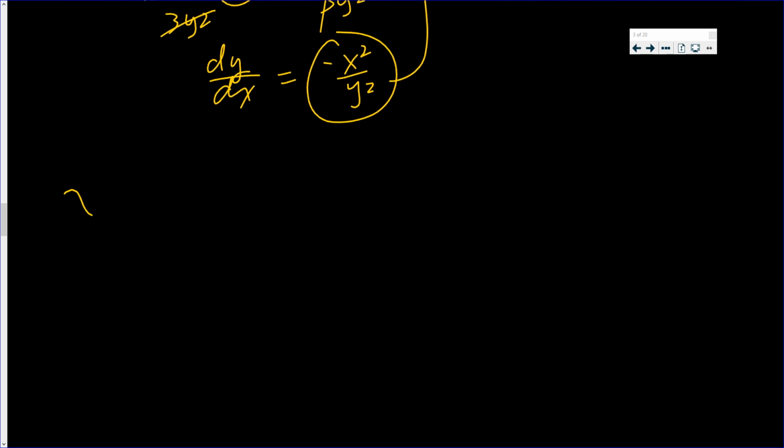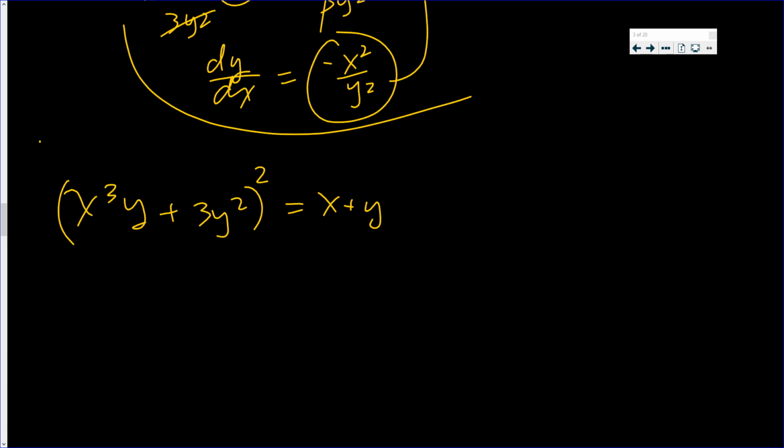Suppose you had (x cubed y plus 3y squared) all squared equals x plus y, and the instructions are to find dy dx. Okay, this is a power rule function. Keep the inside the same, bring down the power, make the new power 1 less. Since the power is 1, you don't have to write it.